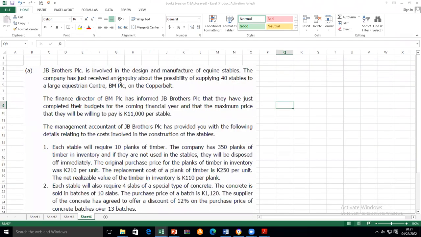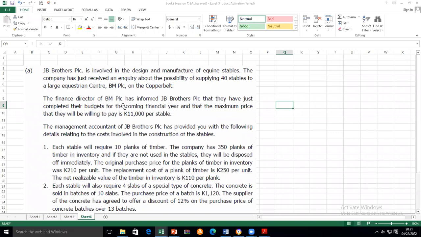J Brothers PLC is involved in the design and manufacture of equine stables. The company has just received an inquiry about the possibility of supplying 40 stables to a large equestrian center, BM, on the copper belt.